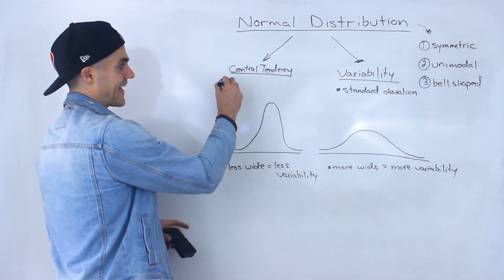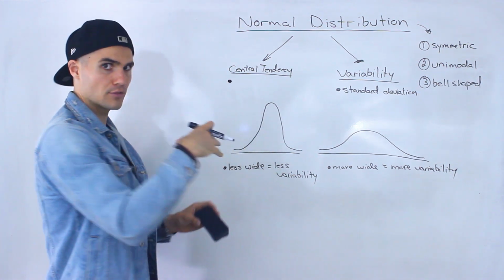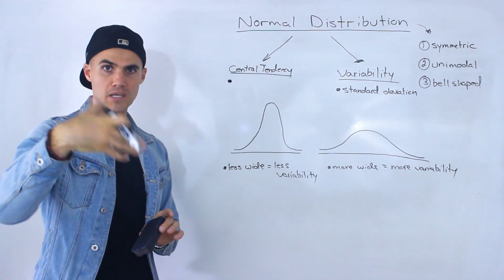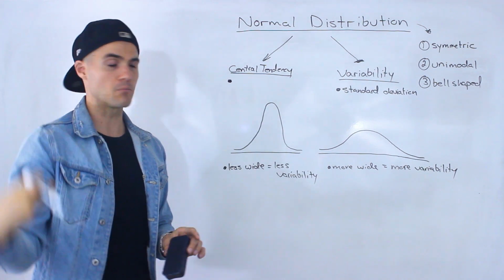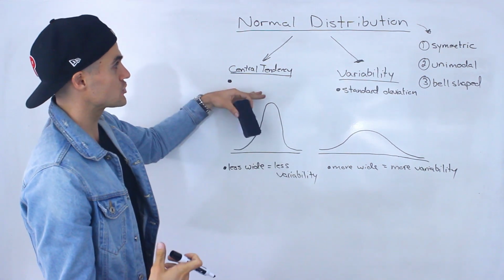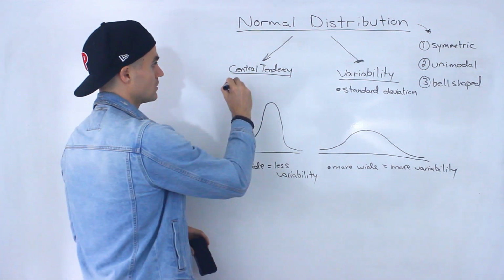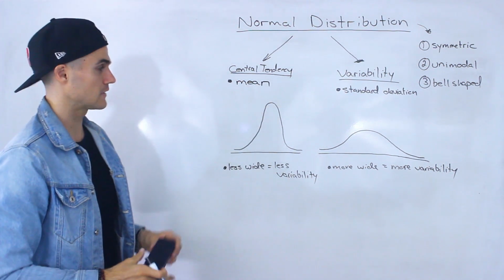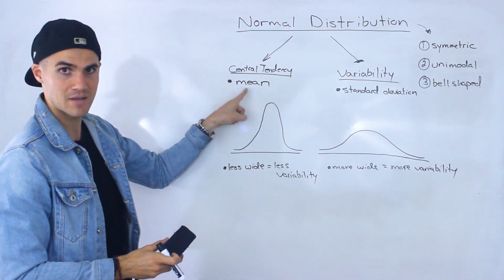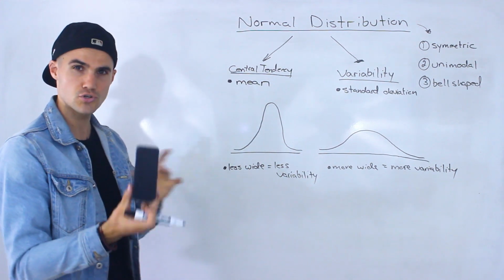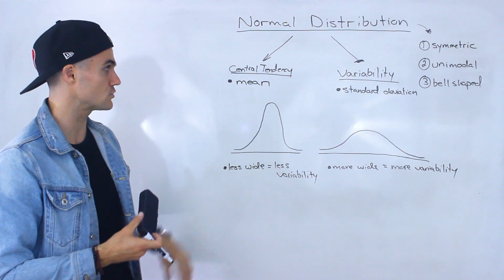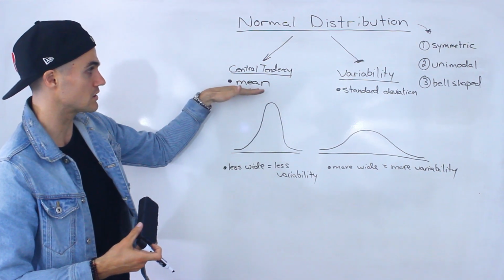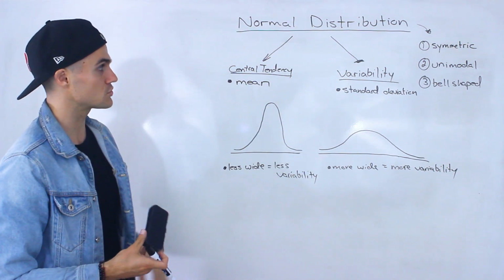While for the central tendency, there's three measures: mean, median, and mode. But when we're talking about the central tendency for a normal distribution, we're going to use the mean. The median and the mode are going to be the same as the mean for a normal distribution, but usually we don't mention those other two measures. We usually mention the mean of a normal distribution.